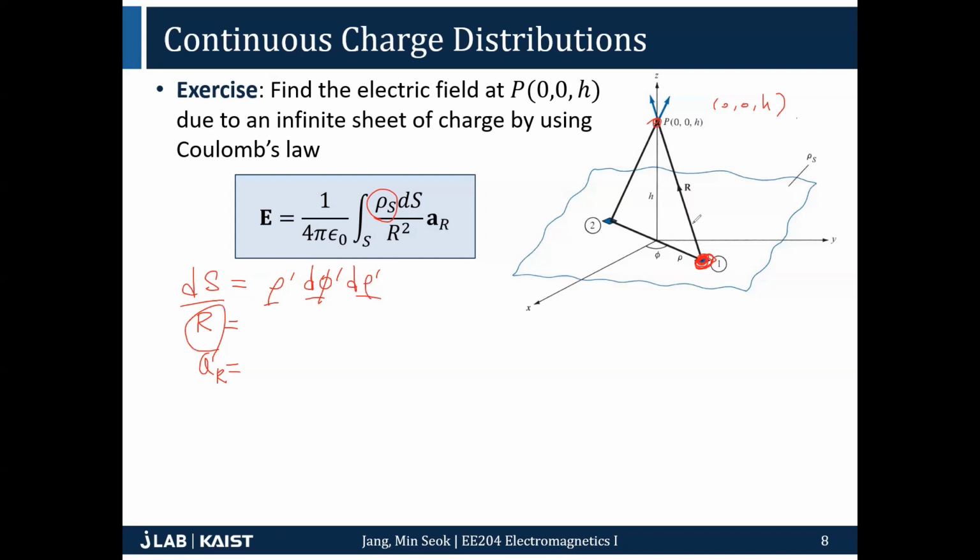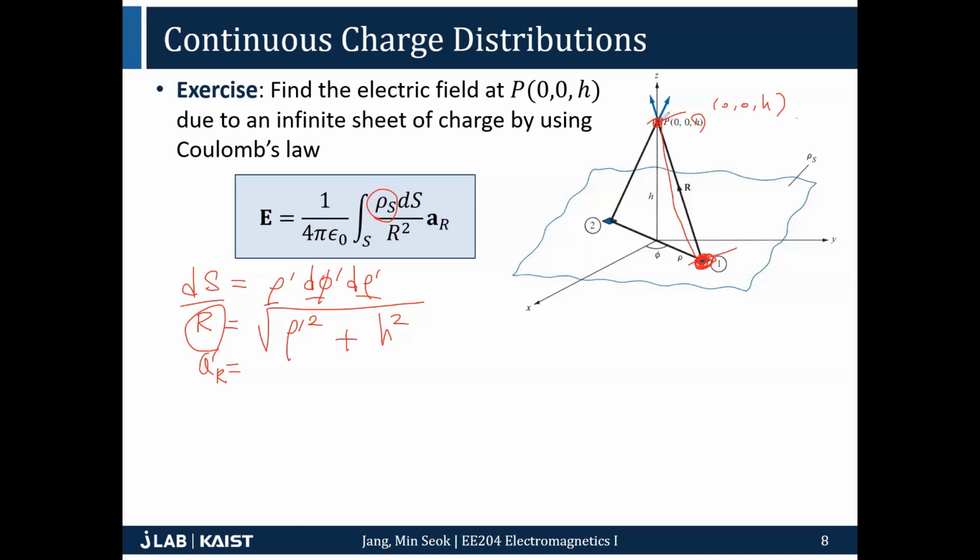Then what about r? Can anyone type in r? I guess this is similar to the previous problem. In this case, the magnitude of r is the square root of rho prime squared plus h squared. And then a_r we can find similarly.